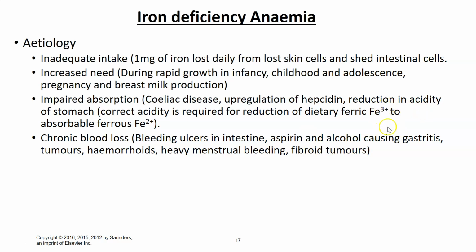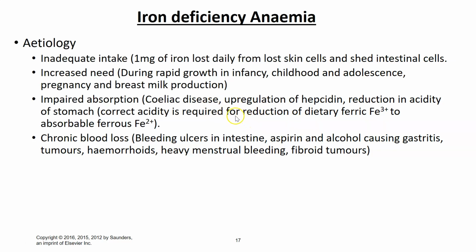Reduction in acidity of the stomach. This is important. Your stomach needs to release a certain quantity of acid, and normally everyone's stomach releases the right amounts of acid, but sometimes they don't. In some people that doesn't happen adequately. It could be because of medicines they take, as some of the side effects of medicines affect the stomach and the stomach's capacity to release the correct amounts of acid.